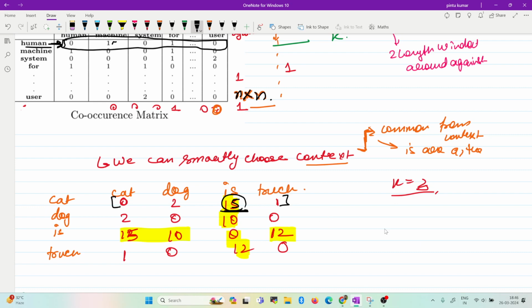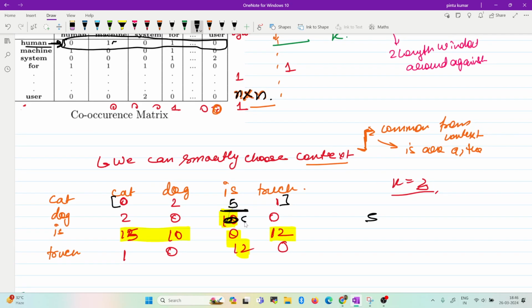So we will threshold the count by 5. Even if my count is larger than 5, I'll replace that count by 5. The count over here was 15, but I'll replace it by 5. Similarly at all other places. So this is what is known as thresholding.